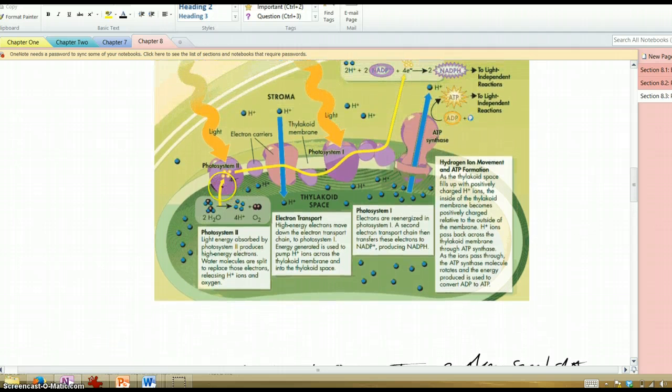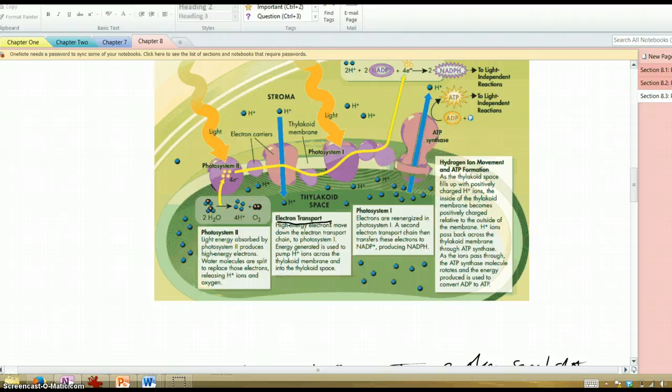And so that's what's being shown here, is sort of at the center of this photosystem, you'll have chlorophyll A molecules that are releasing energized electrons. All right, so what happens is these energized electrons are passed along through an electron transport chain, okay?